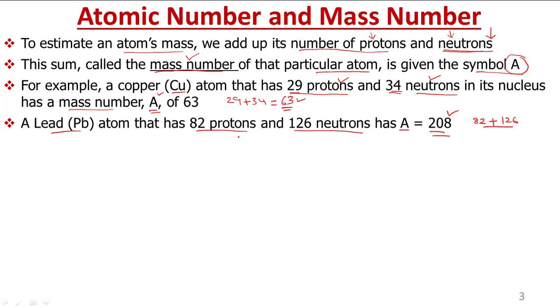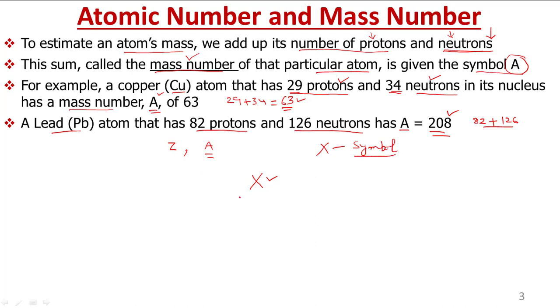Now, if we know the atomic number, which is represented by symbol Z, and if we know the mass number, which is denoted by symbol A, then we can represent any element. Suppose X is an element, where X denotes the symbol of that element.